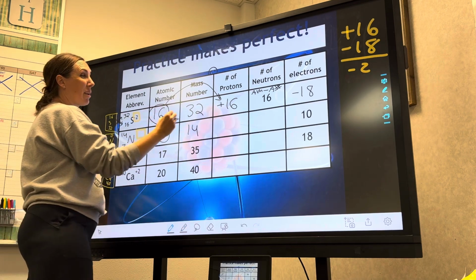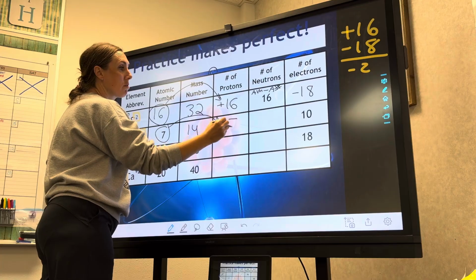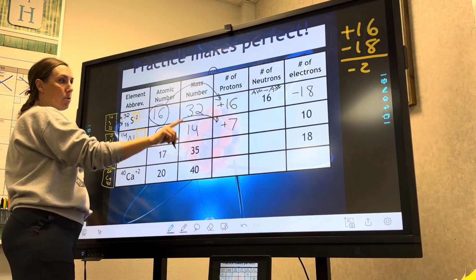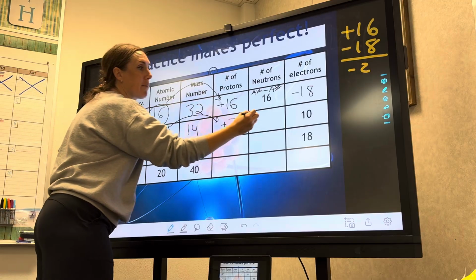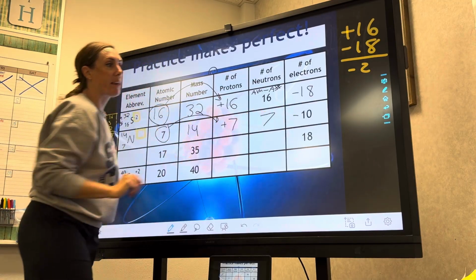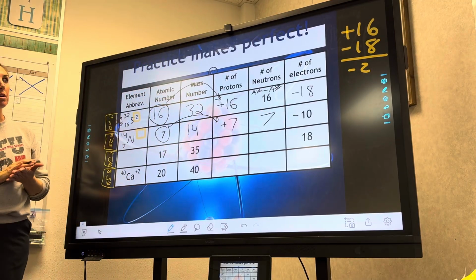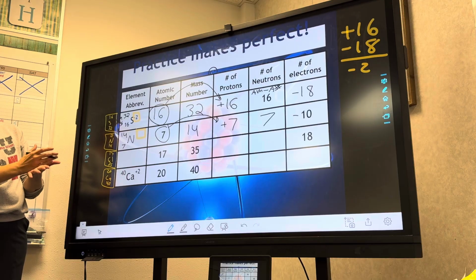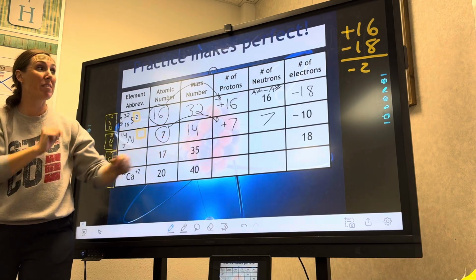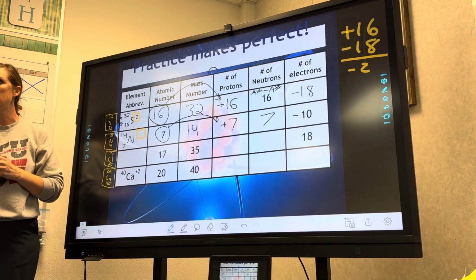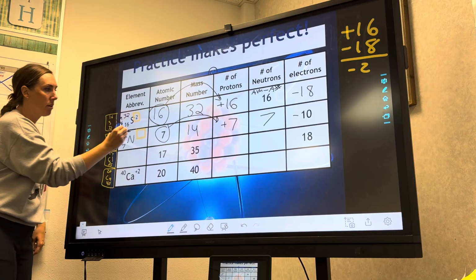My atomic number is my number of protons. My neutrons is basically big number minus small number, 7. Uh-oh, they gave us -10. So we have 7 positive protons in the nucleus. That will never change, but now we have 10 electrons. What's the overall charge? Boom, y'all got it.